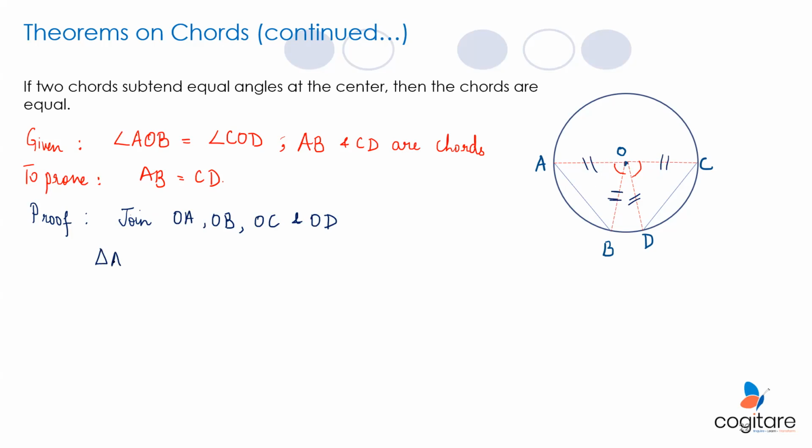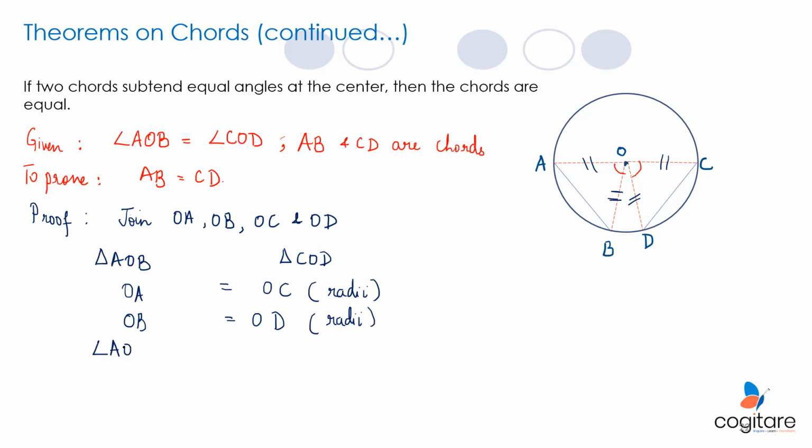And if you consider triangle AOB and triangle COD, you see that OA is equal to OC, OB is equal to OD, and the reason for both is this. Cool. And it's already given that angle AOB, the central angle of the chord AB, is equal to the central angle of the chord CD.